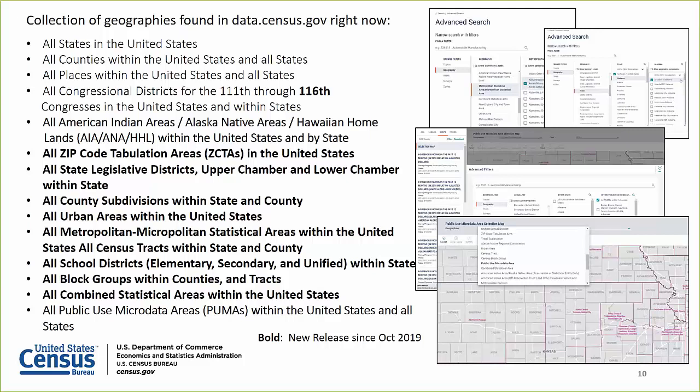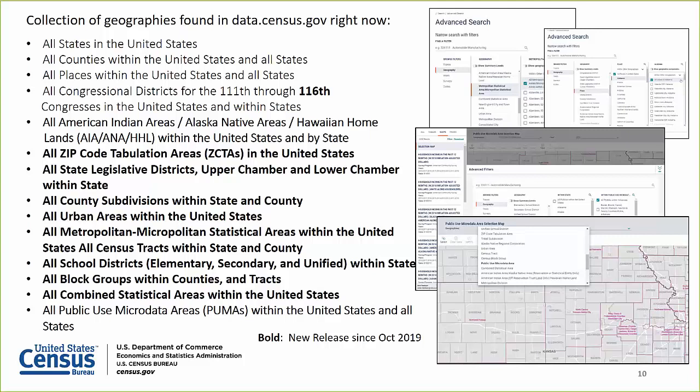All school districts from elementary, secondary, and also unified within the state. And then all block groups within counties and tracts. And then the combined statistical areas within the United States. And finally, we've added the public use microdata geographic areas that we call PUMAs within the United States and for all states.